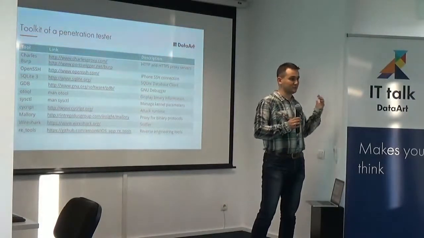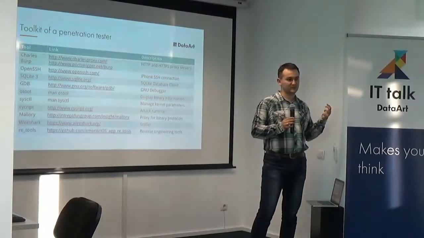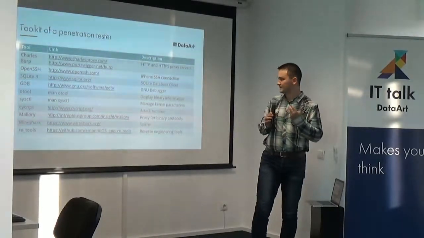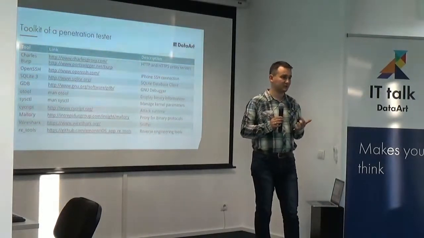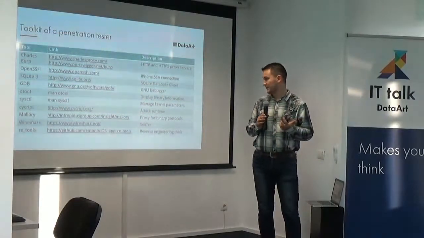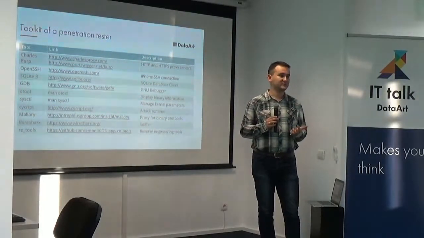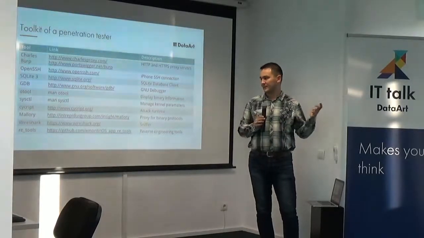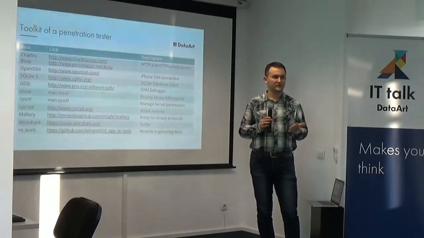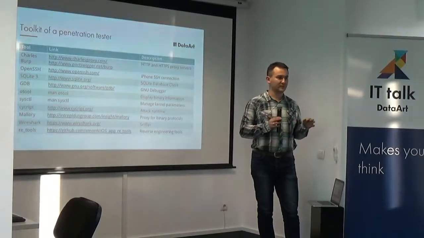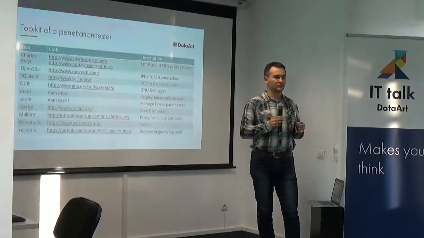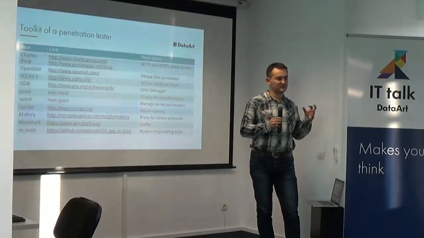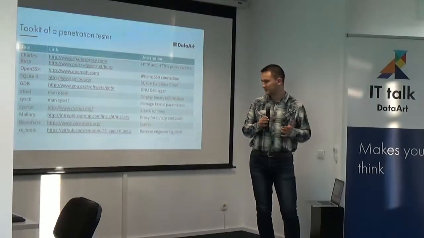Then you could use otool. It is a binary information extraction tool, or you just use the linker. Then manage kernel parameters using sysctl and switch off ASLR, for example. Then you may use Cycript, a pseudo JavaScript language, which allows you to patch memory, system methods, and application methods.